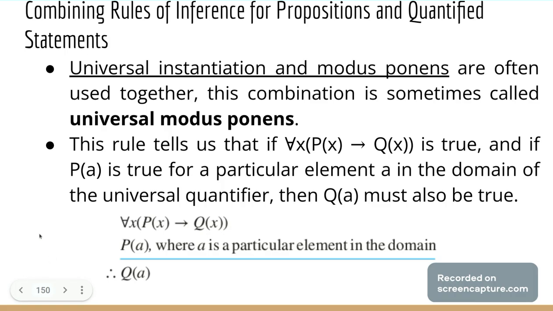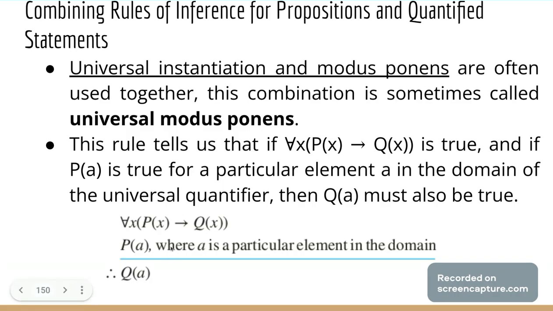Okay, now let's combine. We are not doing a lot of examples in this, just looking at the combination of rules of inference for propositions and quantified statements. We are combining universal instantiation and modus ponens, and it is called universal modus ponens.